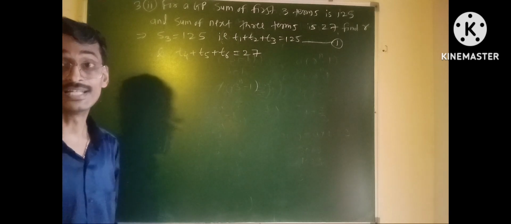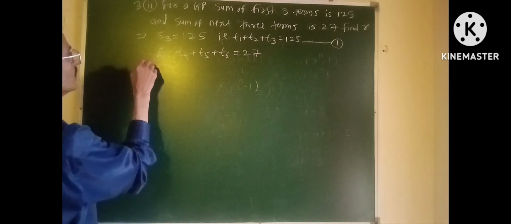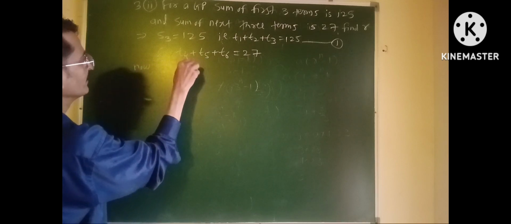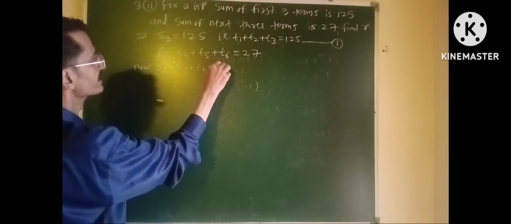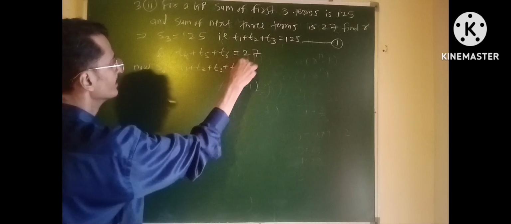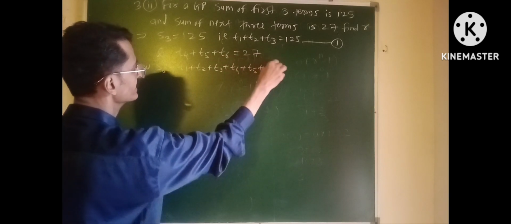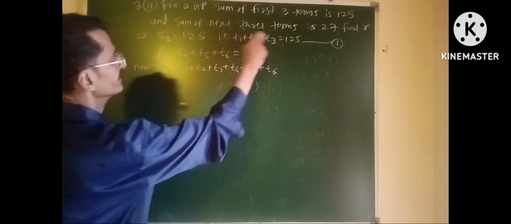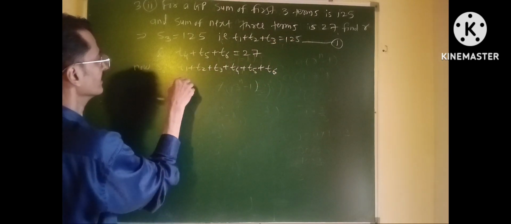Okay. Now find out S6 first. So S6 is T1 plus T2 plus T3 plus T4 plus T5 plus T6. From T1 to T3, this is 125.